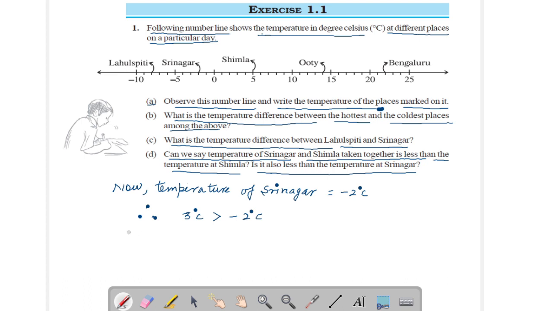No, it is not less than the temperature at Srinagar.